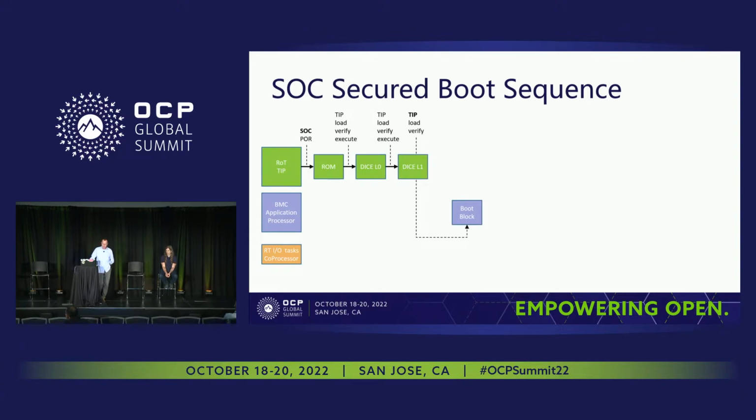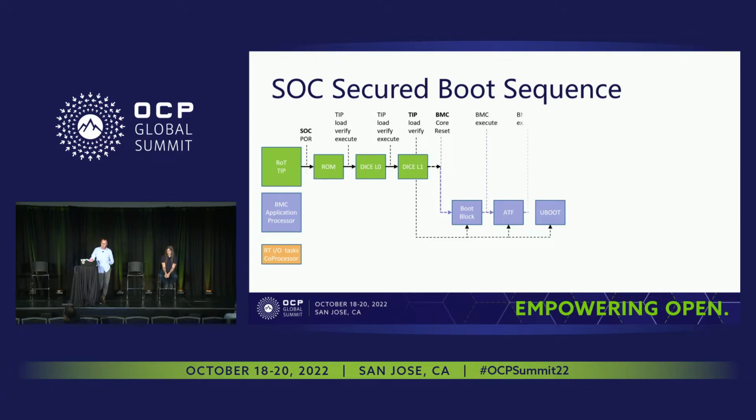The TIP will be loading the BMC boot block into BMC RAM and allow the BMC to boot from that. It will use that code to initialize all peripherals and DDR memory to be able to load the rest of the code. And when the RAM is initialized, it would load the ATF and the U-Boot.